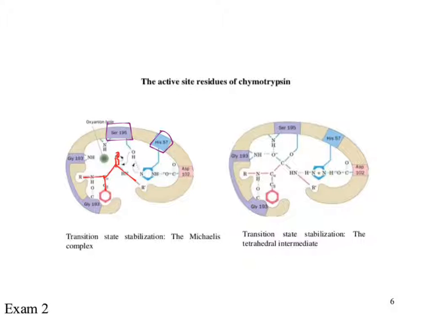Notice in the pocket for where our ring is, what do we have? We have glycine. There's no really aromatic structure there. Why would glycine be helpful? What was the structure of glycine? Hydrogen. Why is that helpful? What's that?